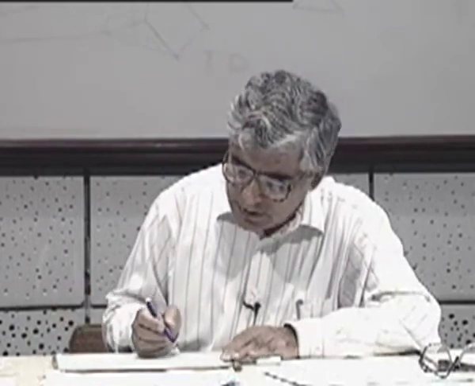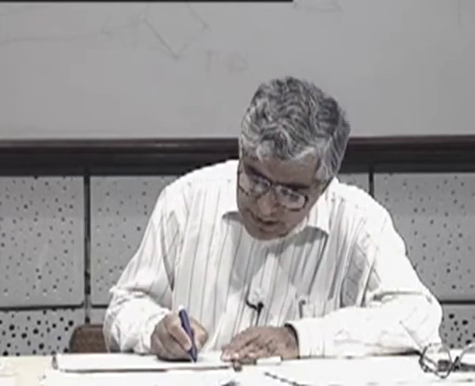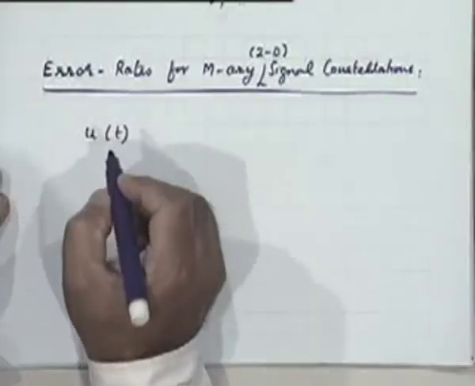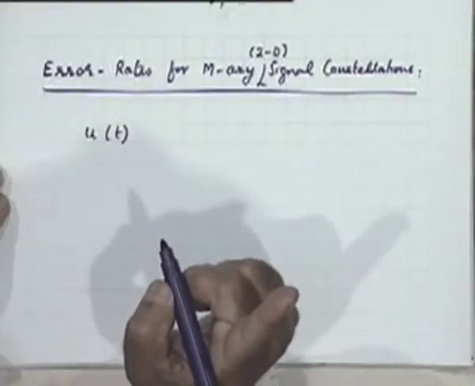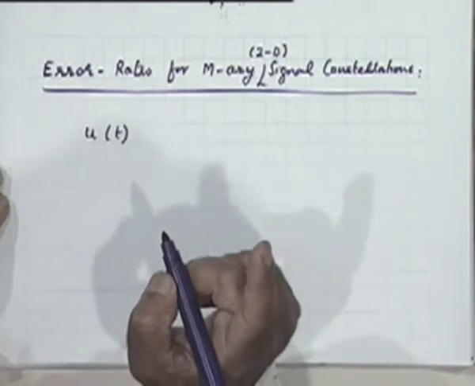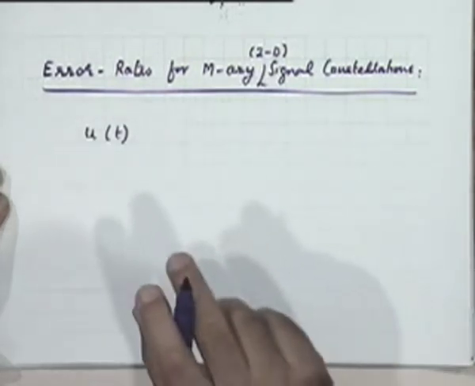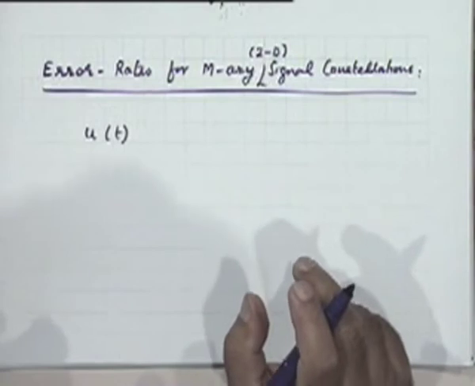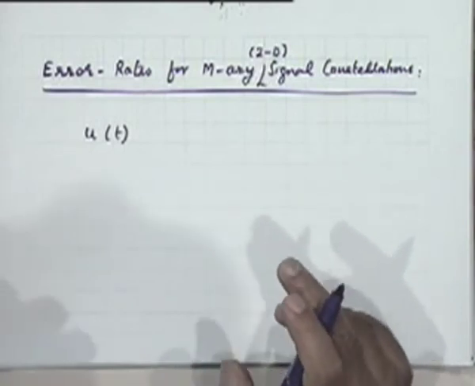Okay, so let us return to these two-dimensional signal constellations, where we use, if you remember, basically a single matched filter, and then the IQ outputs of this complex matched filter are decoded to find out which symbol was actually transmitted, depending on which decision region it lies in, because the two-dimensional signal space is divided into a number of decision regions.